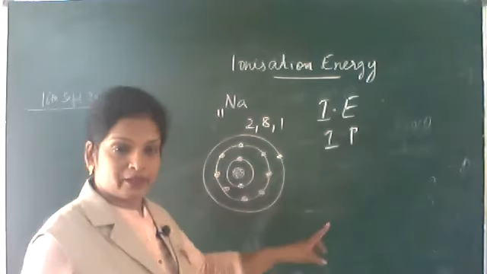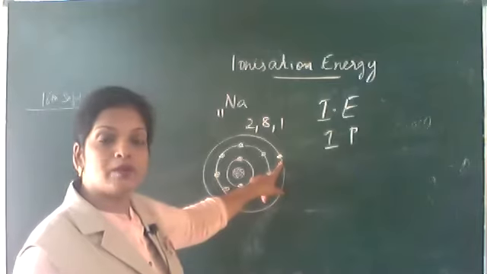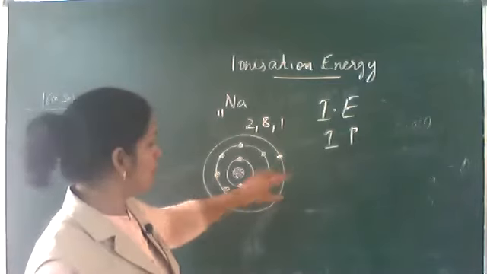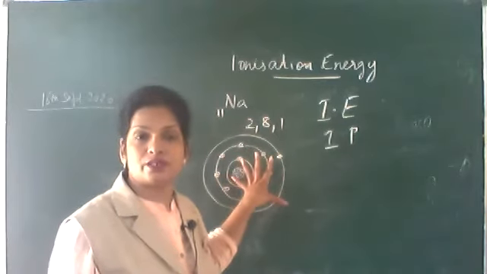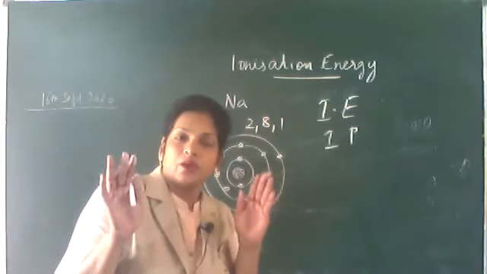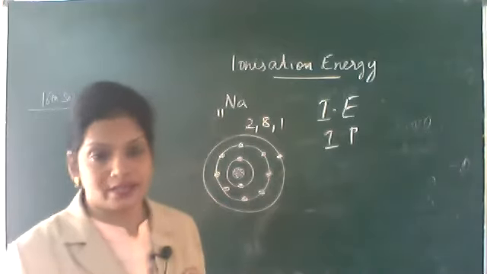The amount of energy required to remove the most loosely bound electron from an isolated gaseous atom in ground state. Ground state means its lowest possible energy state. That is called ionization energy.